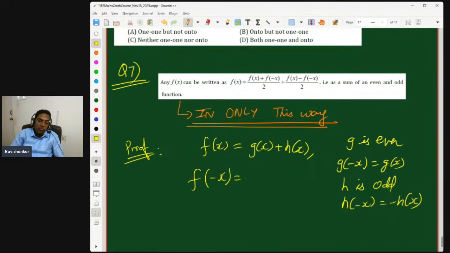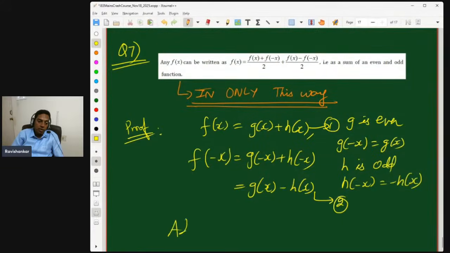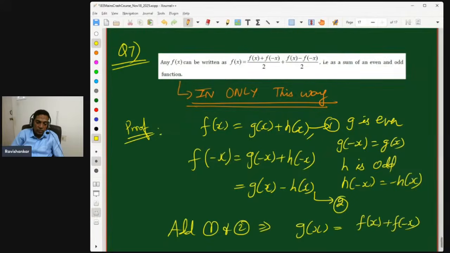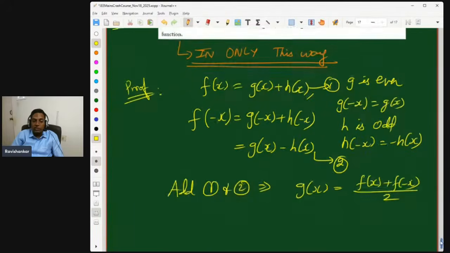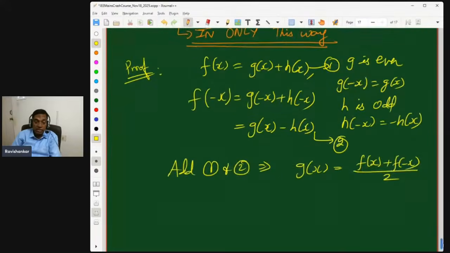So f of minus x is g of minus x plus h of minus x, which is g of x minus h of x. If you just take equations 1 and 2, g of x is f of x plus f of minus x by 2, and similarly h of x is f of x minus f of minus x by 2. We have derived g and h.